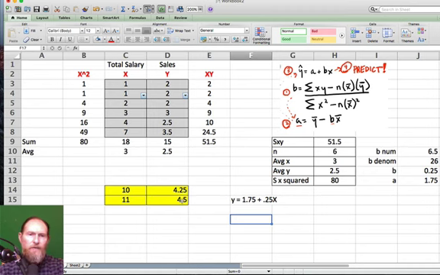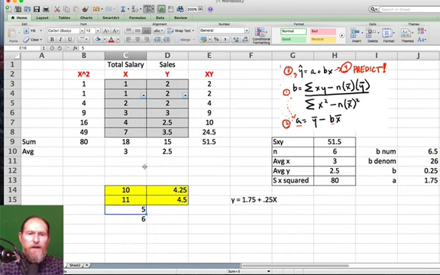11, 4.5. Now here's another neat thing about this method: not only can we go into the future, we can also go inside of these variables. So what do I mean? Well, we have a couple points on $1 billion of salary. We have some on 2 and 3, and then we have a point out there of 7. Well, what about 5 and 6? So we could do 5 and 6 down here as well.